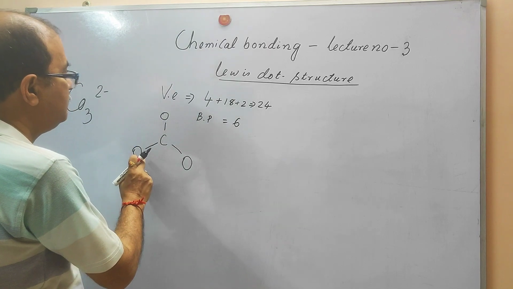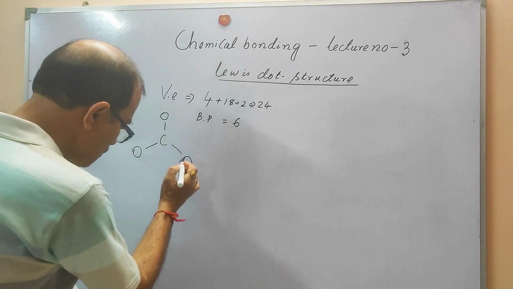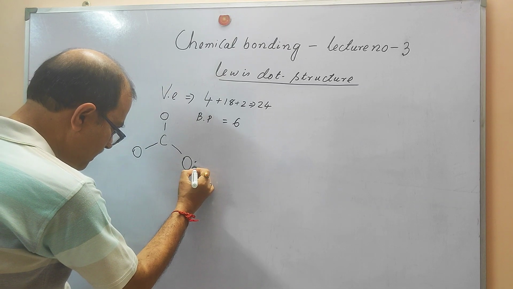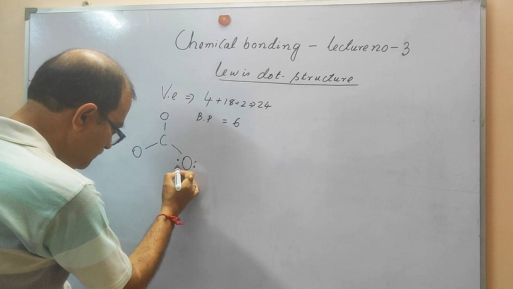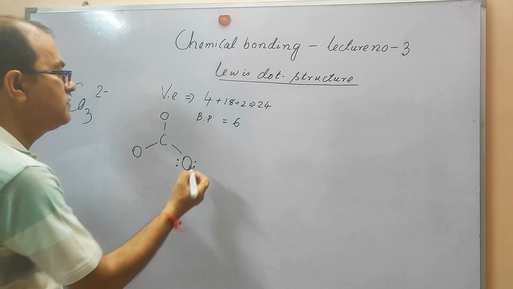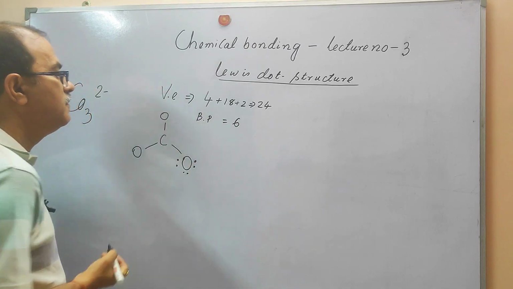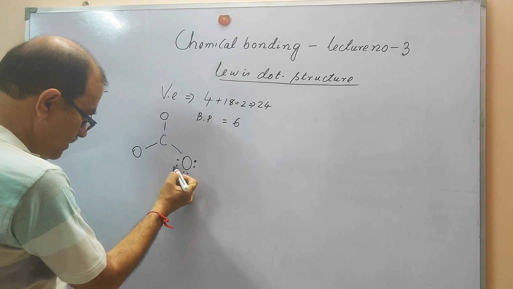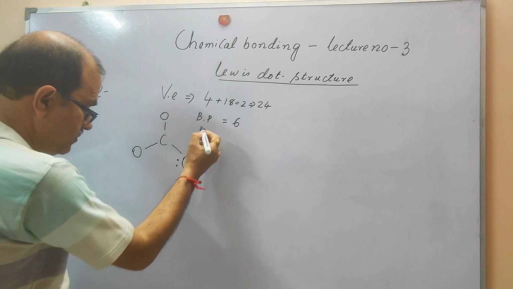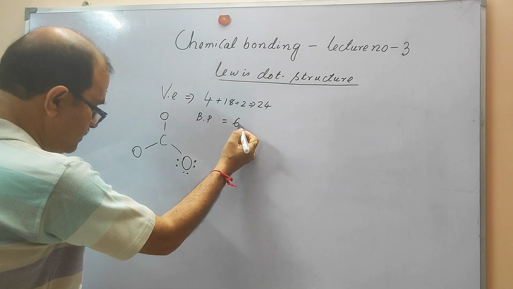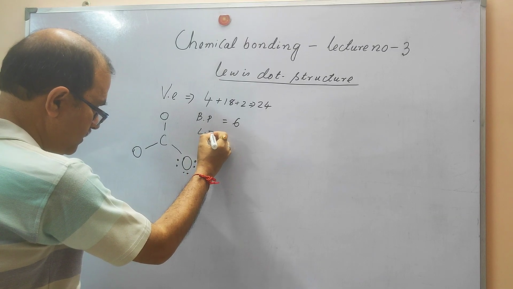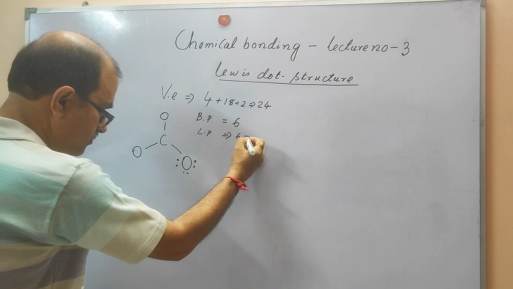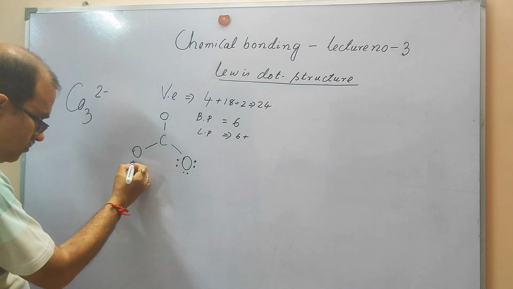So in this case, what will we do? We are satisfying the octet of this oxygen, and we can now see in total we have utilized 6 in the bond pairs, and in the lone pairs we have utilized 6 electrons here.